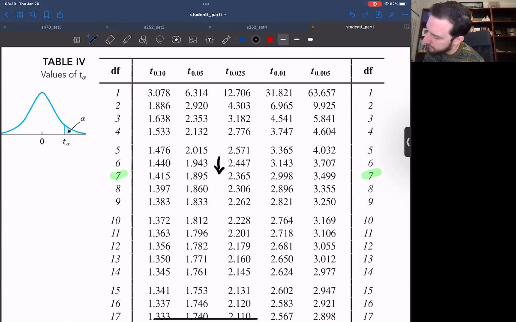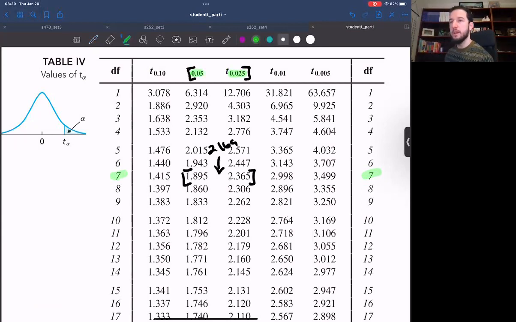So we can see that 2.169 is between 1.895 and 2.365. So 2.169 is between, or the probability that a t-value is bigger than 2.169 is between 0.05 and 0.025.